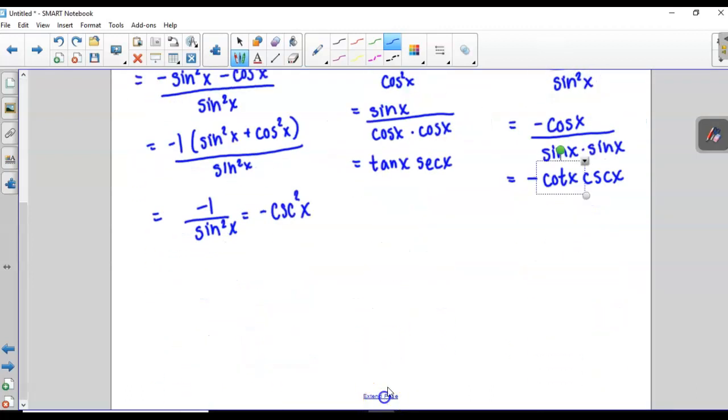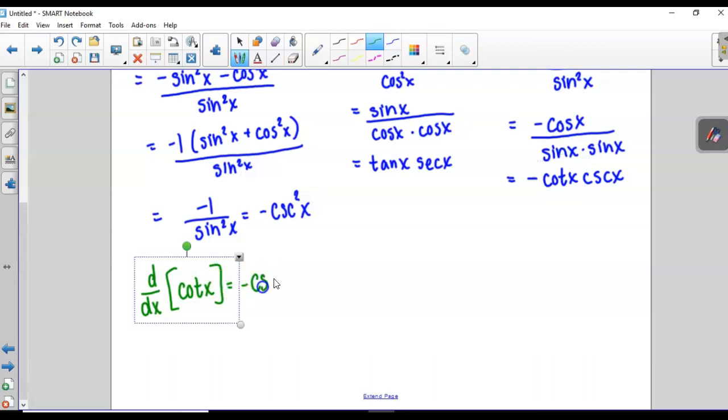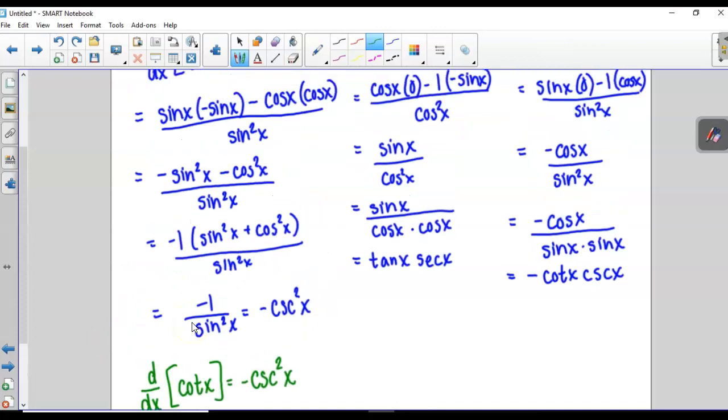What you really need to write down is that the derivative of cotangent x equals negative cosecant squared x. I just want you to make sure in your notes somewhere you've got the derivative of cotangent.